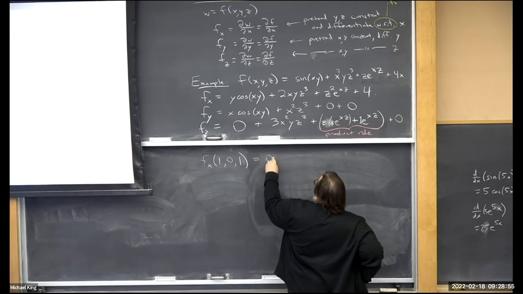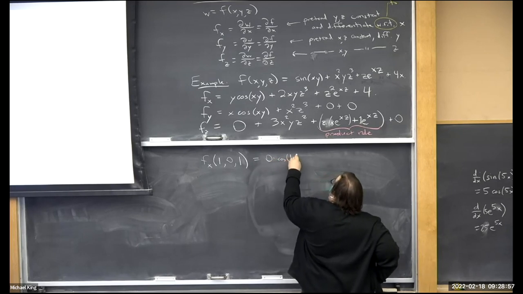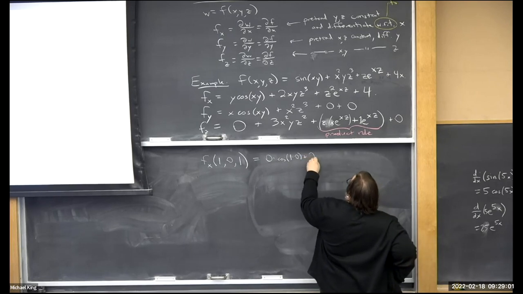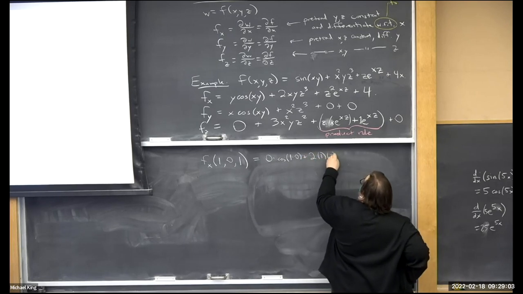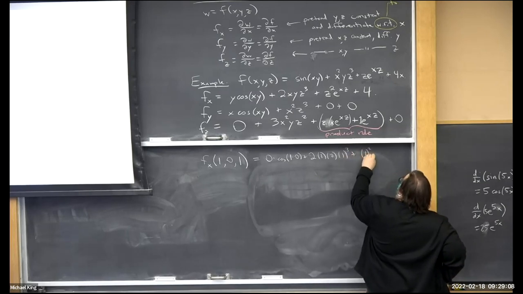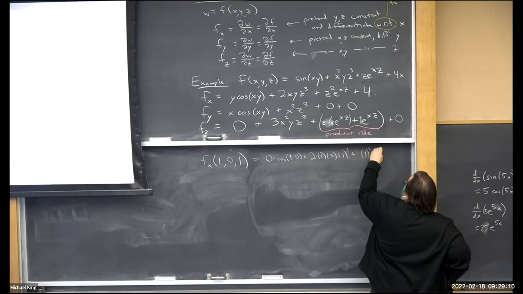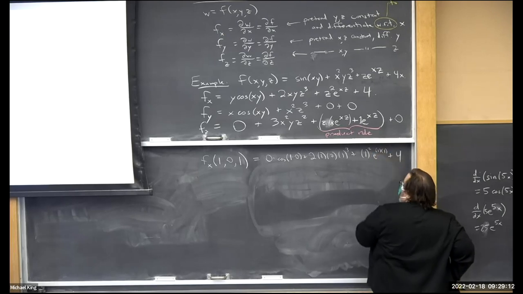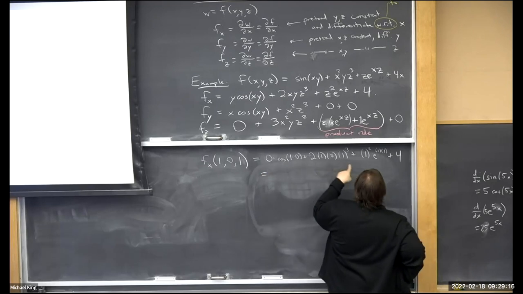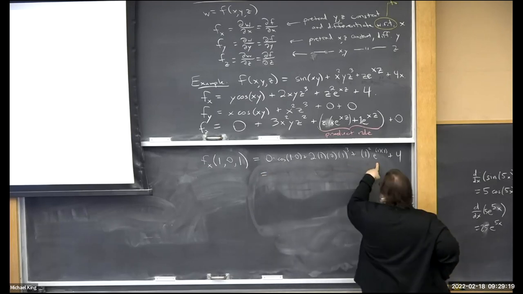So I think we get 0 times cosine of 1 times 0 plus 2 times 1 times 0 times 1 cubed plus 1 squared times e to the 1 times 1 plus 4. So that's 0, that's e.